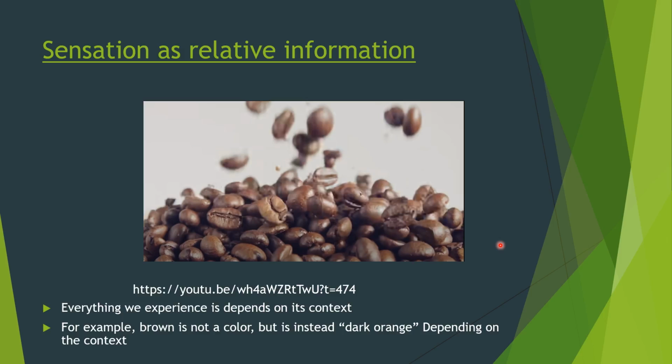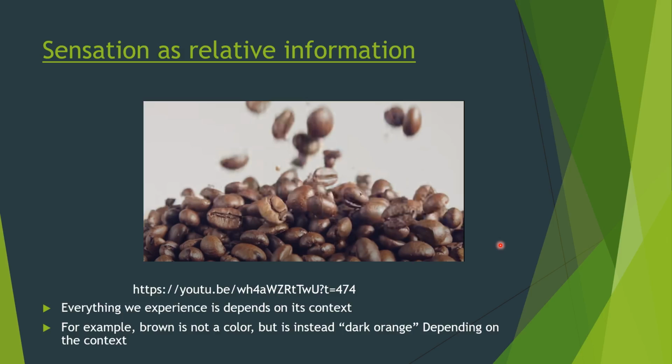Next up, I've got another example here with a YouTube video. This is a really cool YouTube video because it shows you that there is no such thing as brown. In fact, the color brown is in truth dark orange, which is why you might realize that if you think about it, if you kind of close your eyes and imagine your color circles, you can make green by blue and yellow, and you can make purple with blue and red, and you can make orange with red and yellow.